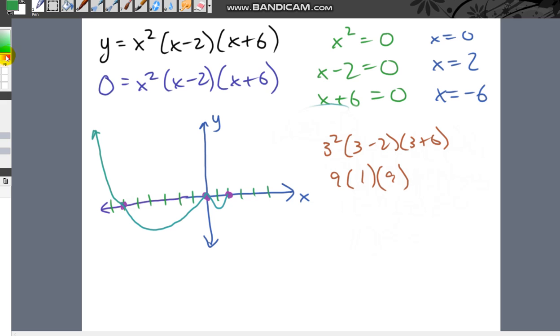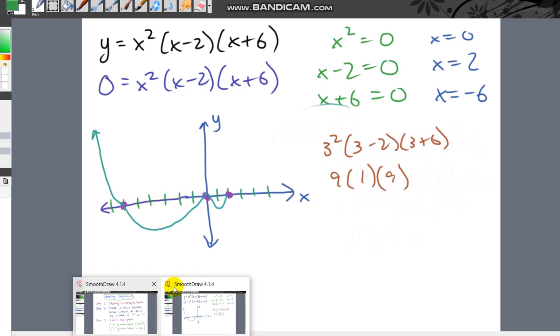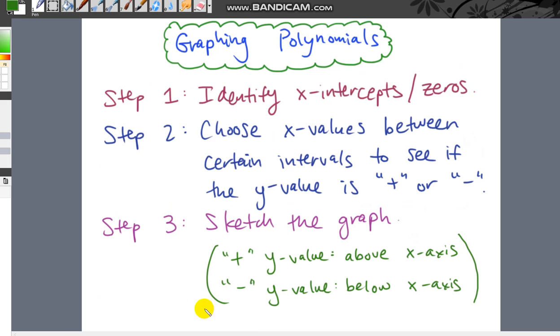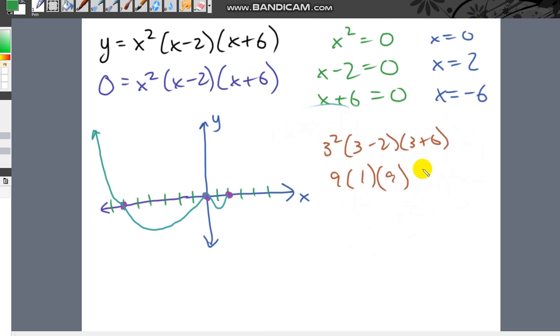Like I mentioned earlier, it's not really important to calculate the exact y value. All you have to know is whether it is positive or negative. In this case, this y value is positive. It's greater than 0. Since y is greater than 0, when x equals 3, this is going to be above the x-axis. So it's going to look something like this.